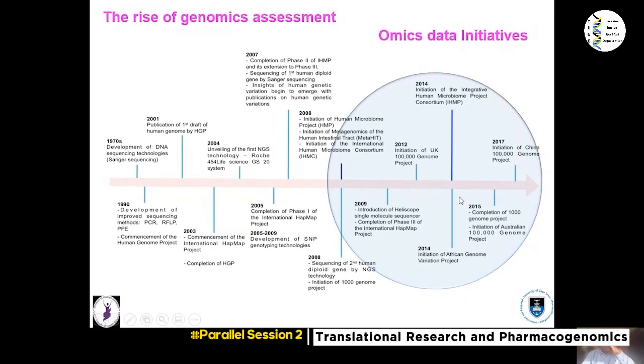Just recently, since 2009, there has been rapid advancement in generating data. A lot of consortia and initiatives have taken place: UK Biobank, 100,000 genomes from the UK, 100,000 genomes from Australia, from China, and also the African Genome Variation Project has come into play. So all of this data has been generated.